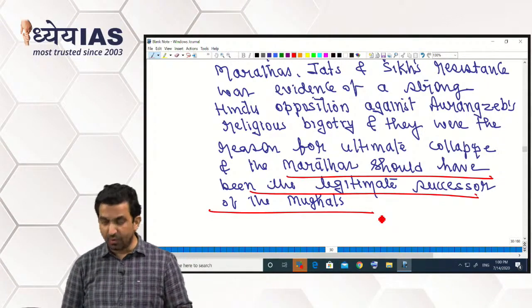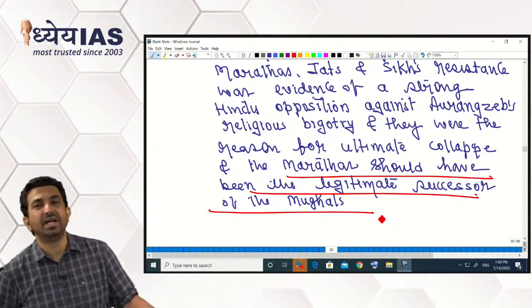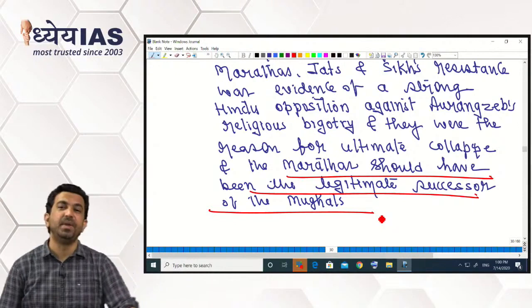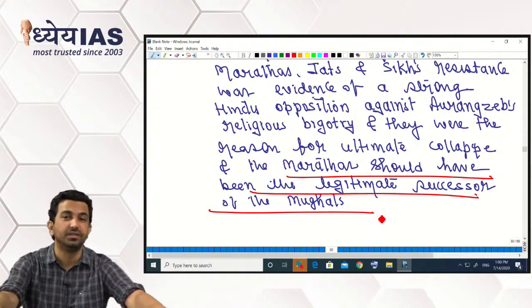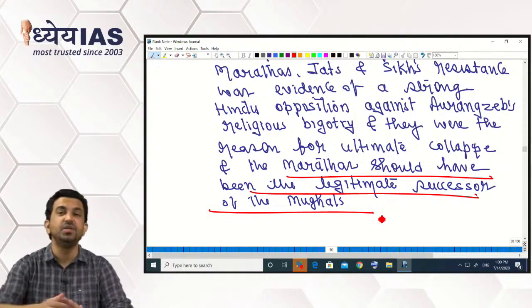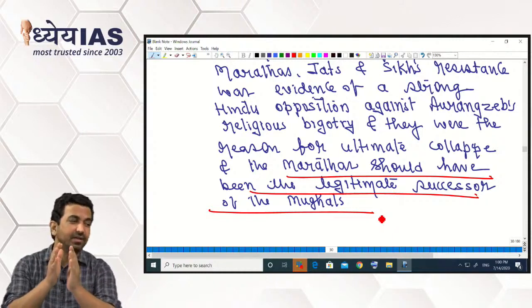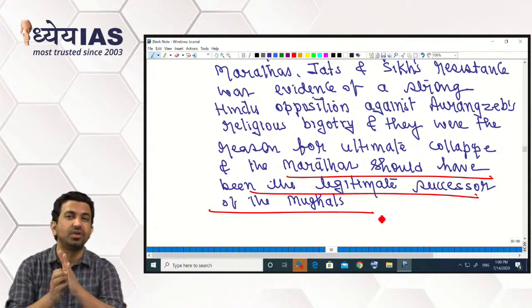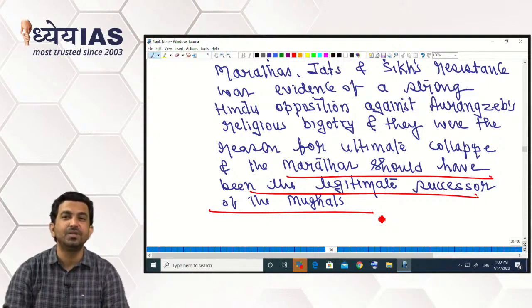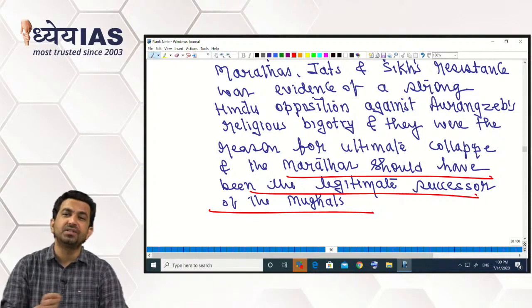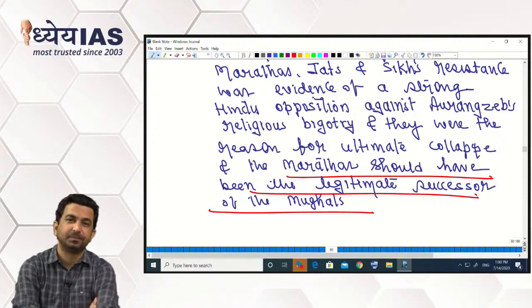In other words, they thought the Marathas were expected to build a strong empire on the ruins of the Mughal Empire.